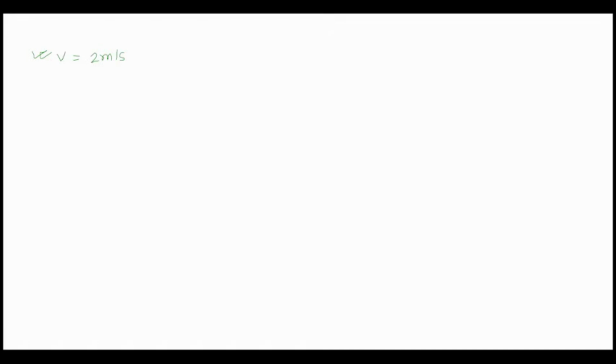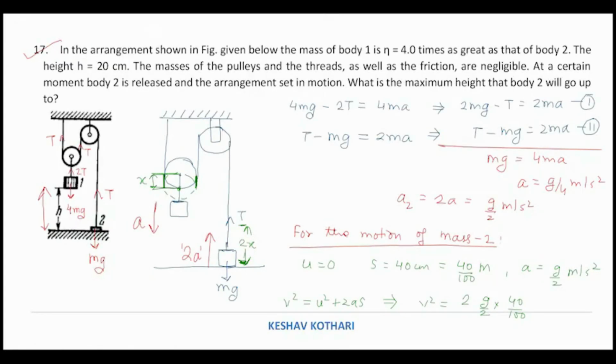So we can consider it in this way, that the first mass will hit the ground, but the second mass will continue to be in the state of motion because of the velocity of 2 meter per second which it has acquired, and now it is in the state of free fall. The string becomes slack, and the mass 2 is in a state of free fall.